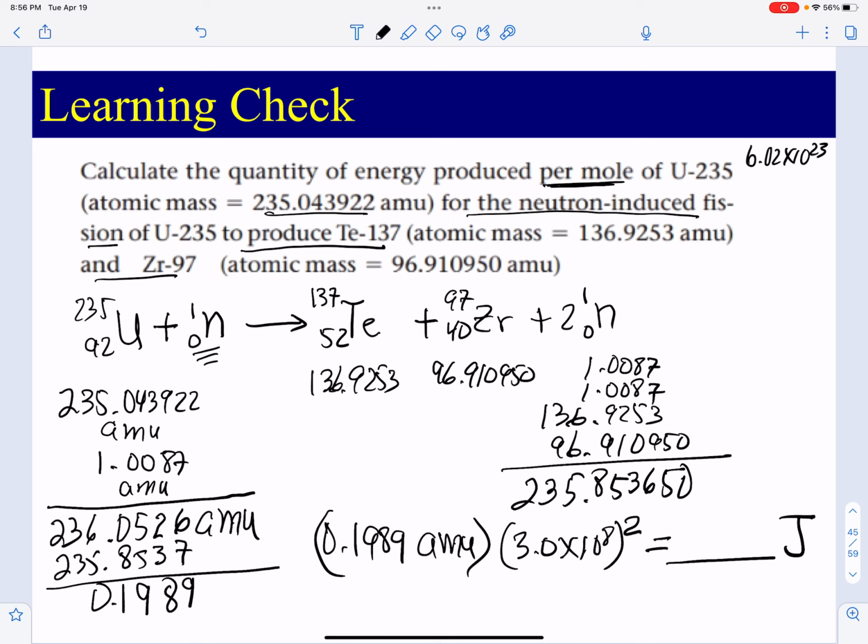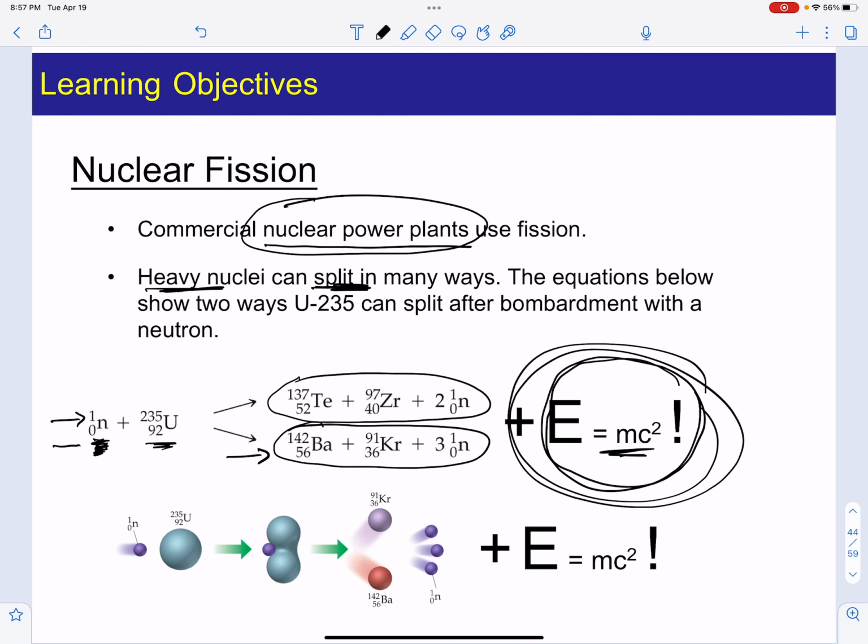So that's going to give me an immense amount of energy, and then I'm going to multiply by how many atoms I have in a mole, and that will give me my final energy. So that is how we calculate the amount of energy produced by this split.